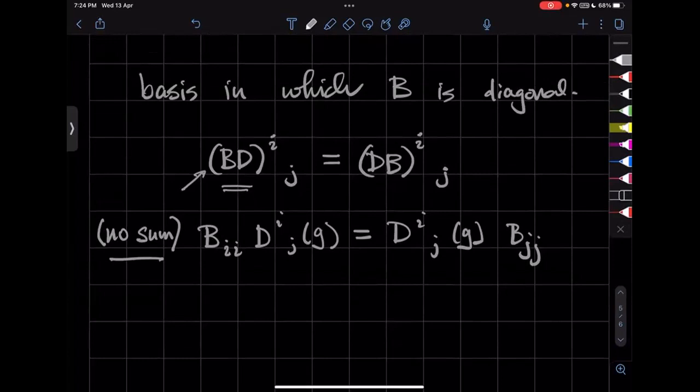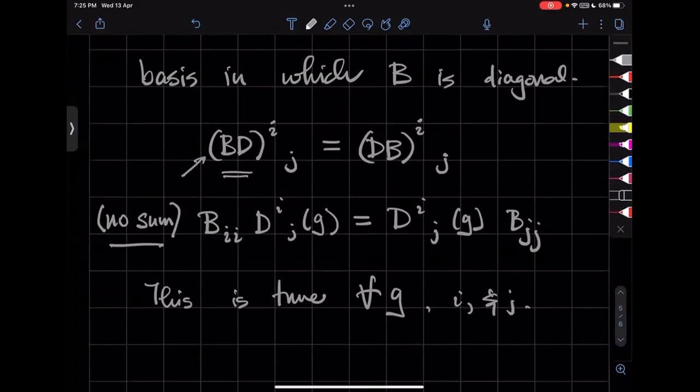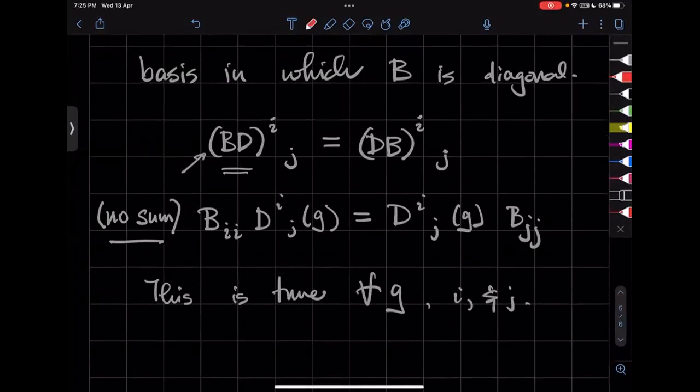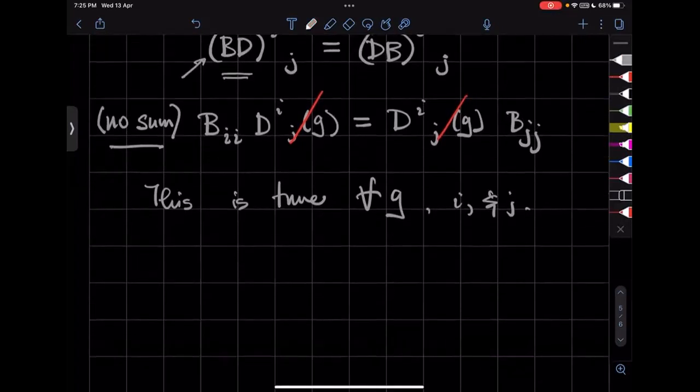Okay? Now this is true for all G as well as I and J. And there is no sum, so we can just get rid of these guys. And then what we'll have is that B_II, of course, we're assuming that these are non-zero.